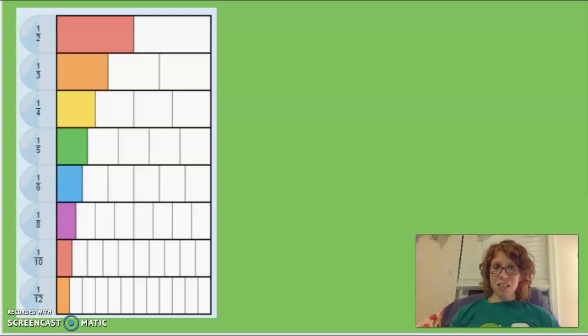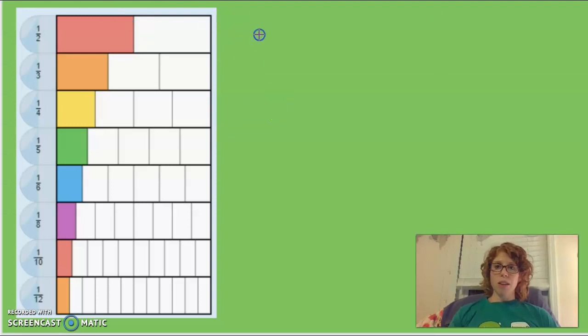But my denominator of 1/2 tells me it takes two pieces to make the whole. My denominator of 1/8 tells me it takes 8 pieces to make a whole. So I can compare fractions by thinking about the size of my denominator. The bigger the denominator, the smaller my pieces.